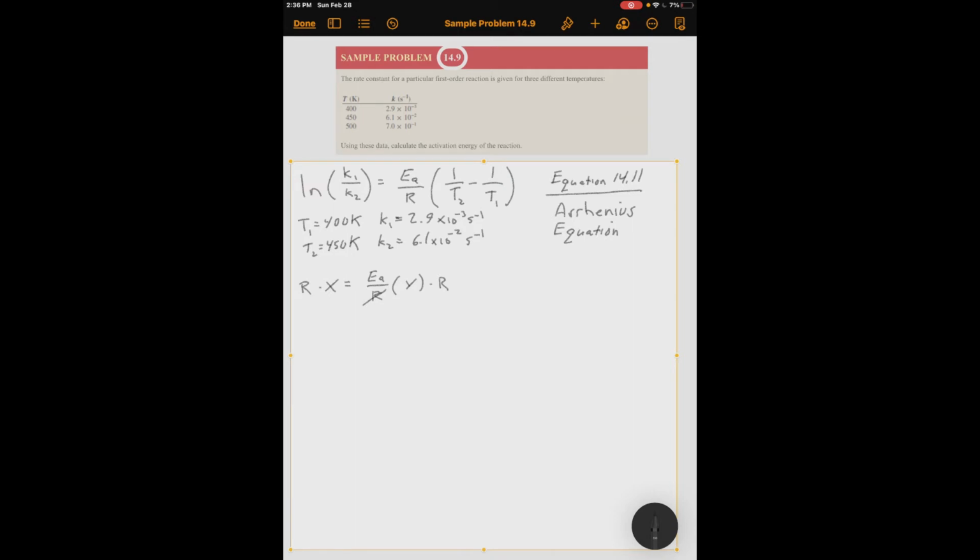And then this R would cancel there. And then I could divide both sides by Y. And then that Y would cancel. And we would just have activation energy.